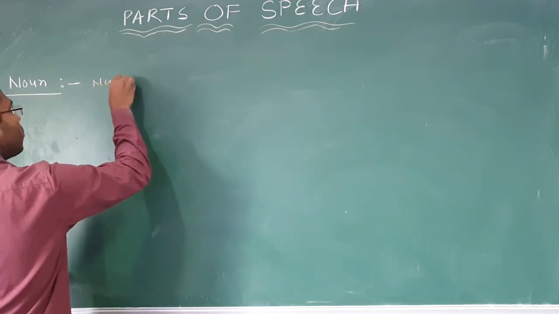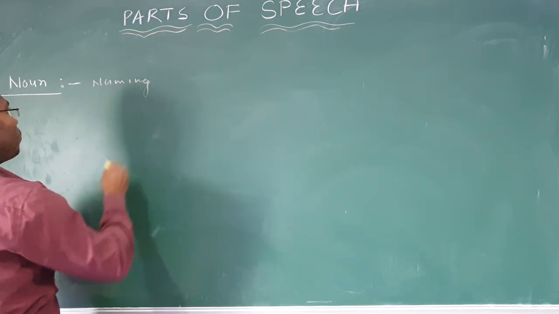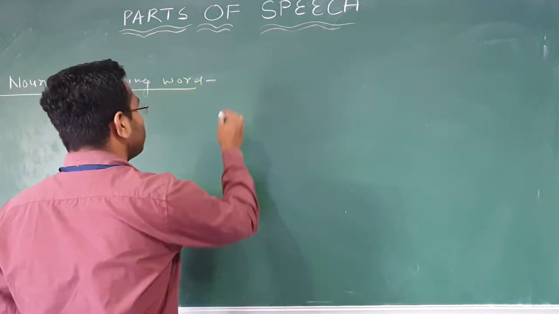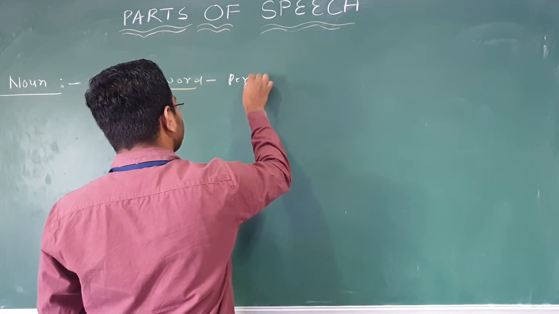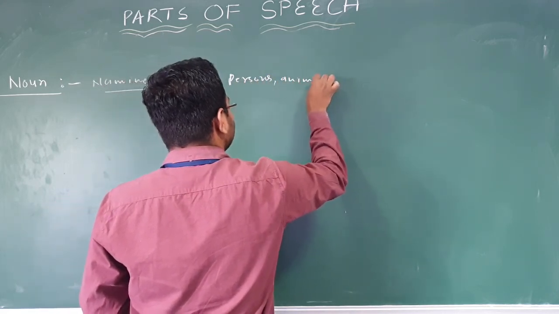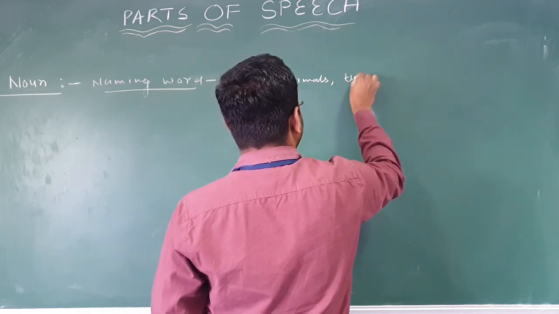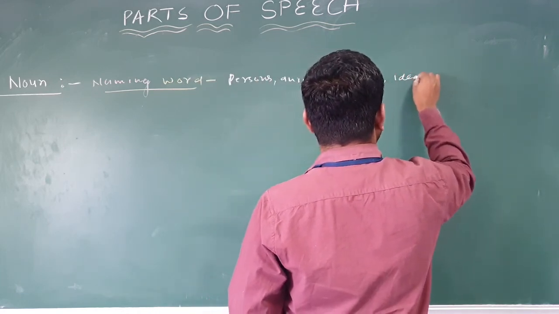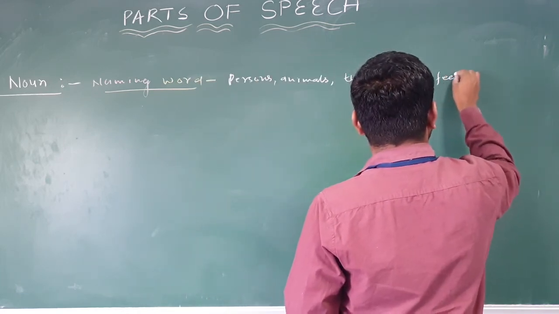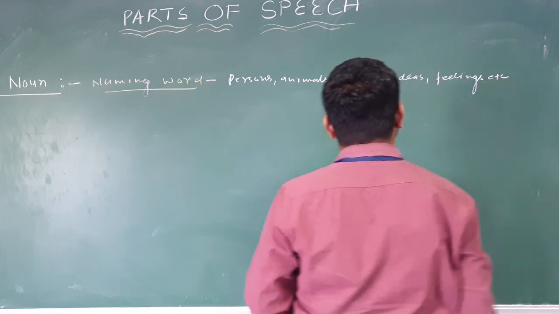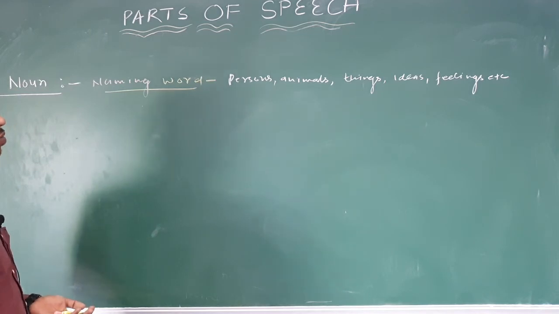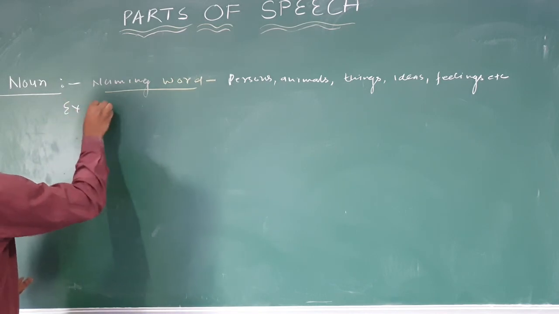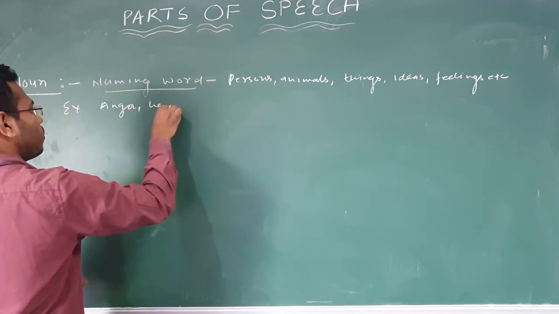First of all, noun is a naming word. It can be the name of persons, animals, things, ideas, feelings, etc. So, nouns are names of persons, animals, things, ideas, feelings, etc. For example, anger, happiness.